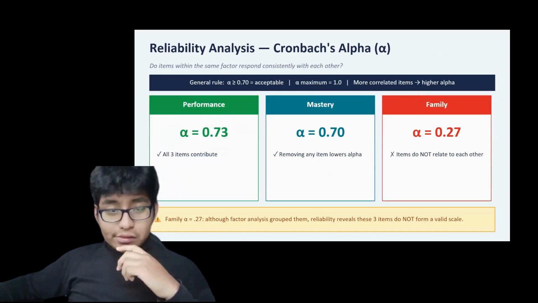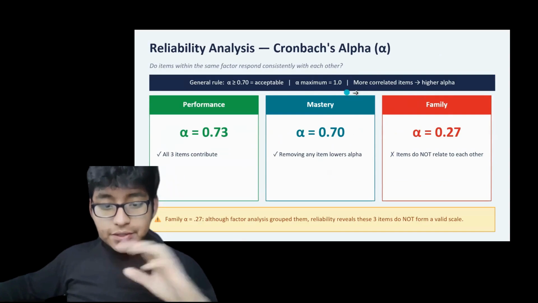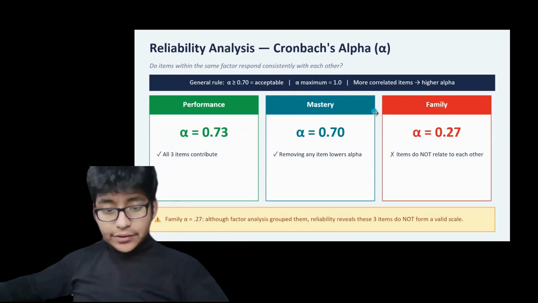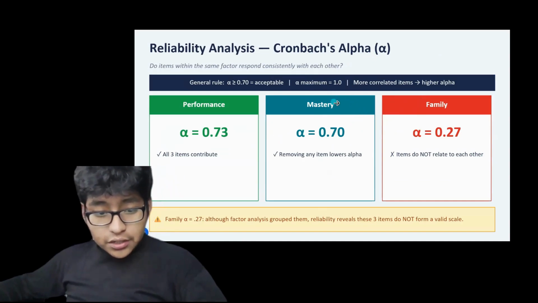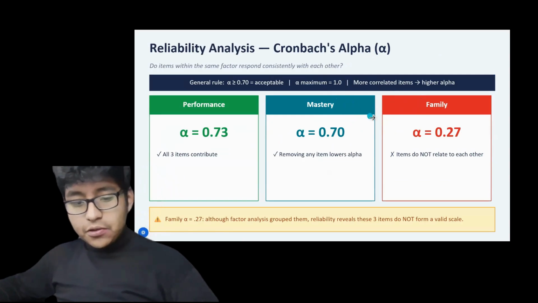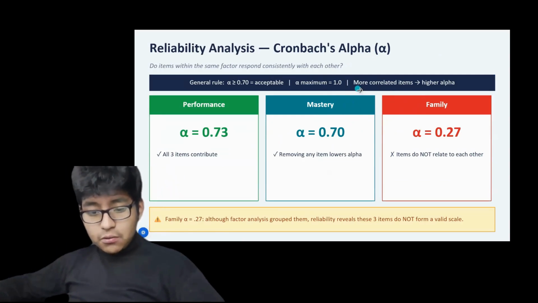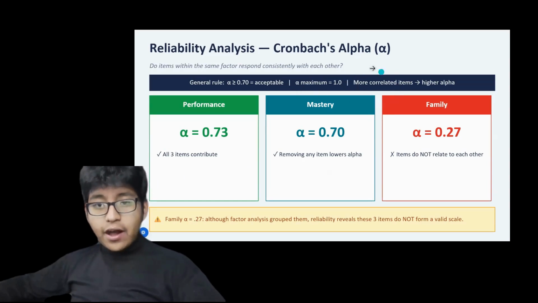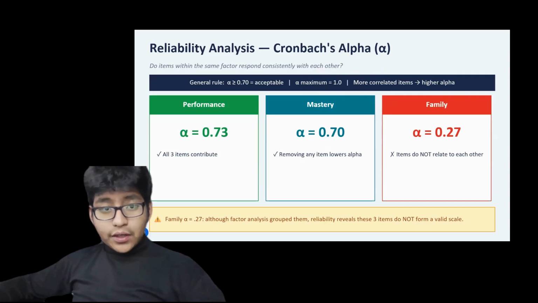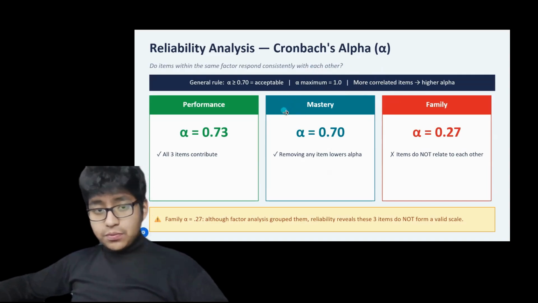Reliability analysis. Now let's talk about reliability analysis. This means consistency. Researchers want to know if the questions in the same group work well together. For this, we use Cronbach's alpha. A value over 0.7 is good.